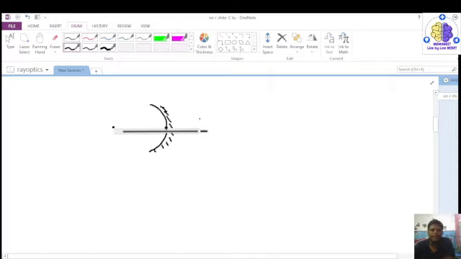Now let's suppose this is the line, and this is the center of curvature C, and this is the pole P.